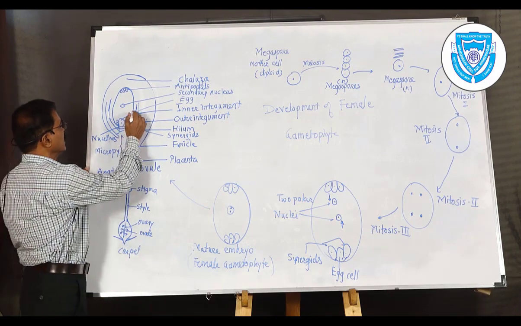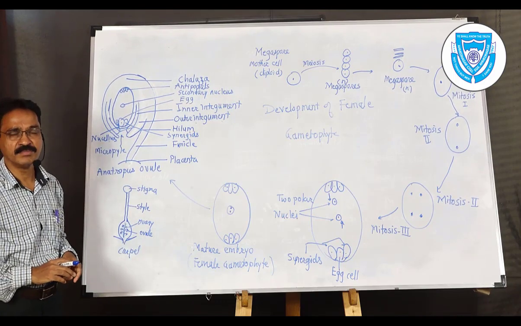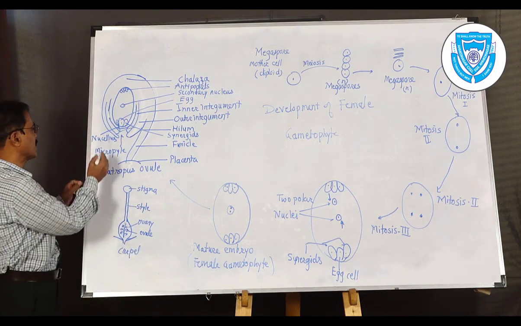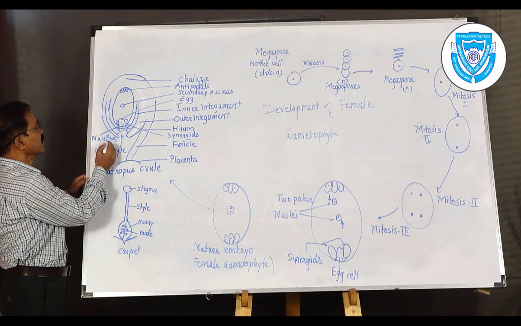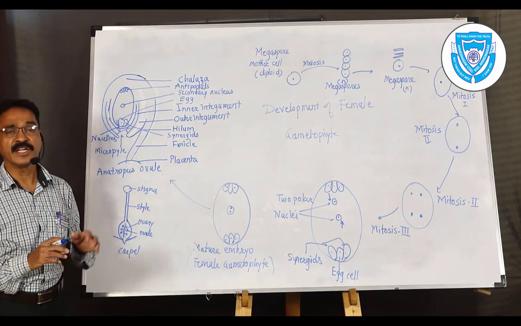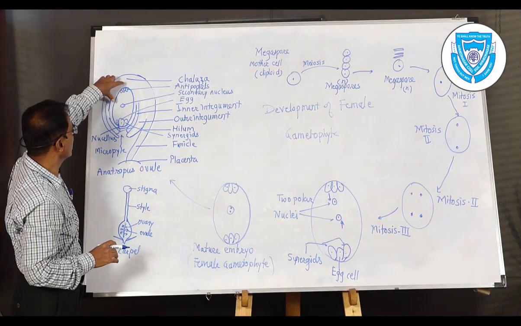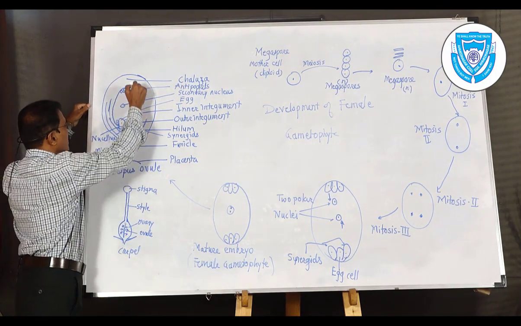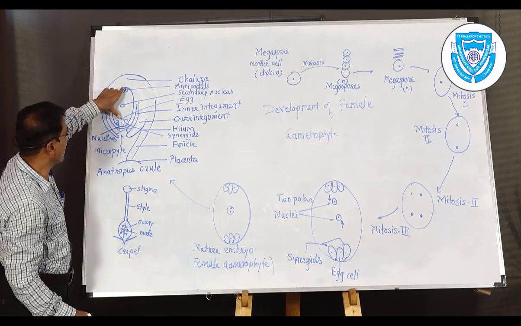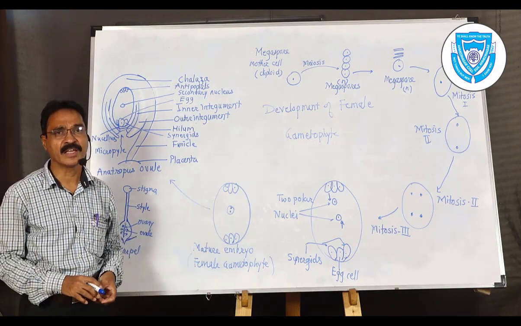Next to that, you can see this rounded portion, which is diploid, meaning 2n. Diploid cells are present, and it is called the nucellus. The nucellus is a diploid structure. Okay, and inside that you can see this elongated, somewhat rounded structure known as the embryo sac, also known as the female gametophyte.